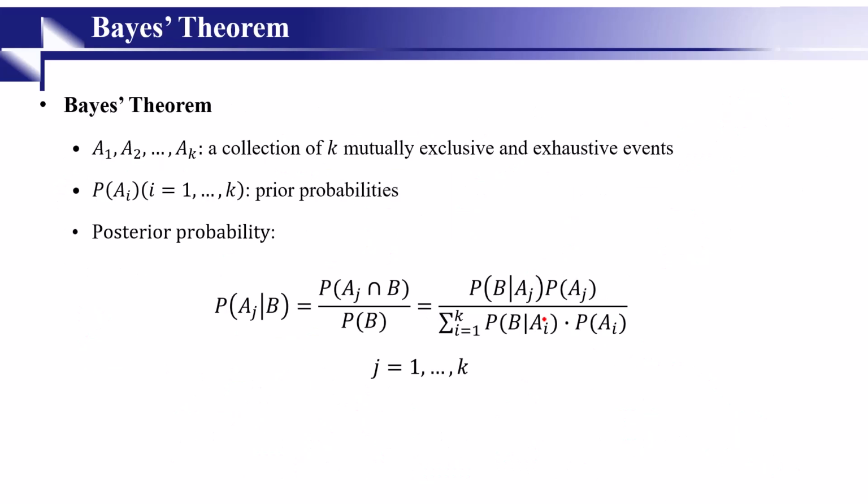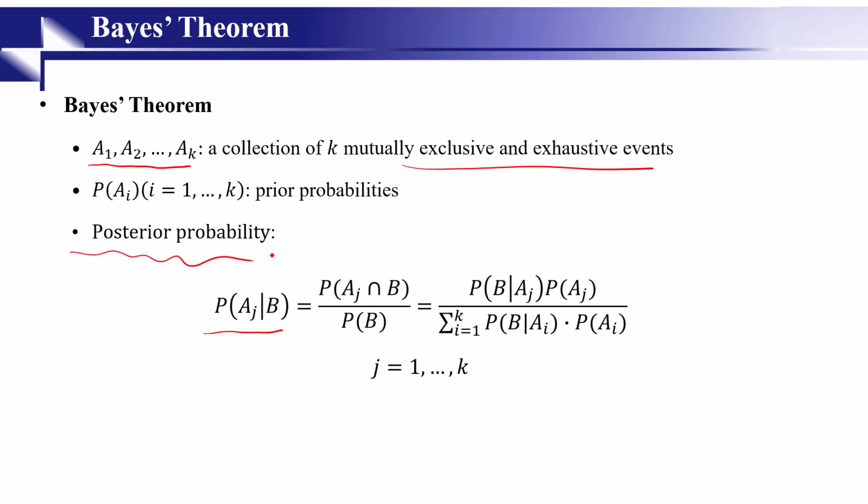Now we come to Bayes theorem. It flips conditional probability around. If A1, A2 to AK are mutually exclusive and exhaustive, as we defined already, and we know the probability of B, then we can find out the probability of Aj given B. This is called the posterior probability.